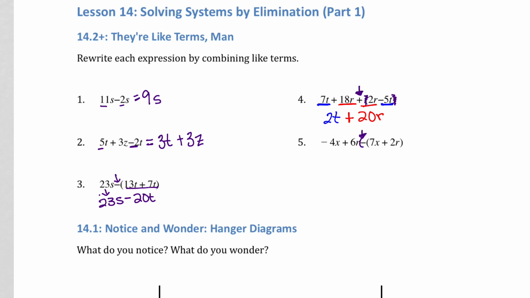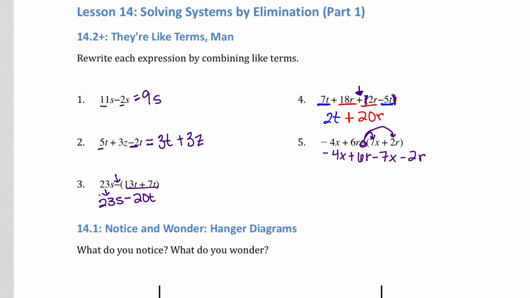My negative has to be distributed to every term in the parentheses. It's like if I had a number outside the parentheses. Sorry, I'm just going to erase that little bit right there. So we're going to have negative 4x plus 6r minus 7x minus 2r.